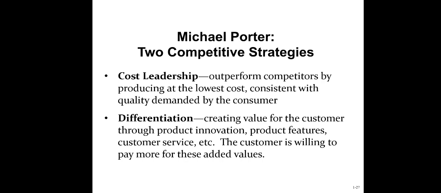So cost leadership strategy is about outperforming competitors by producing at the lowest cost, consistent with the quality demanded by the customer. If a business uses cost leadership strategy, then the business is trying to produce a product at a cheaper cost compared to the competitors. That is what the company or business will do.